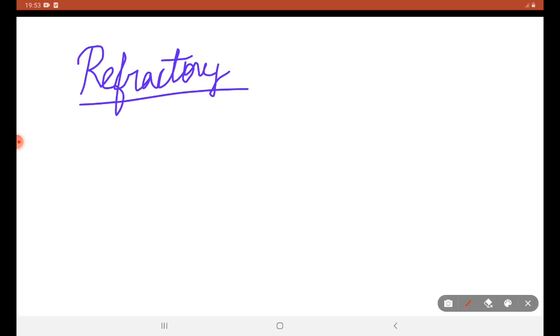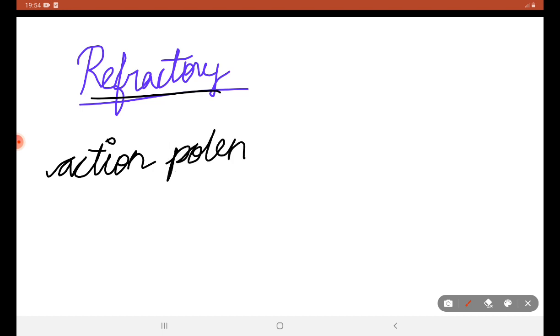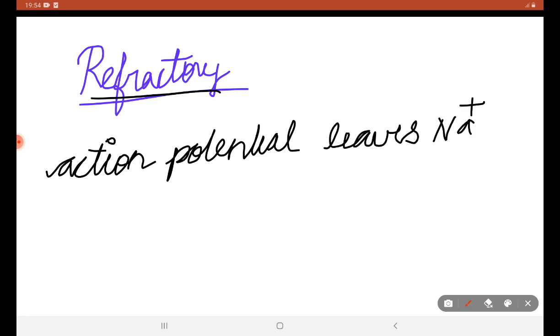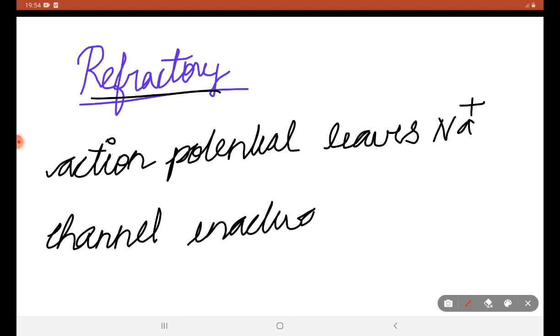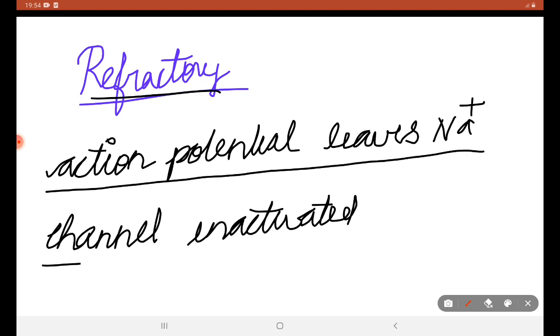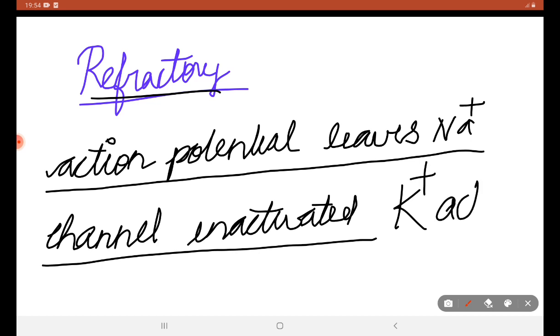This is the third point we are going to see about the refractory period. So, the action potential leaves Na+ channels inactivated and K+ channels activated.